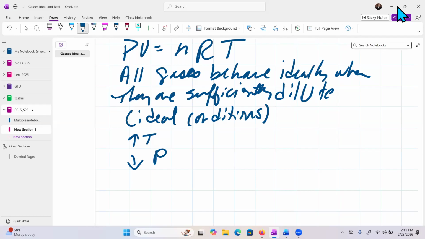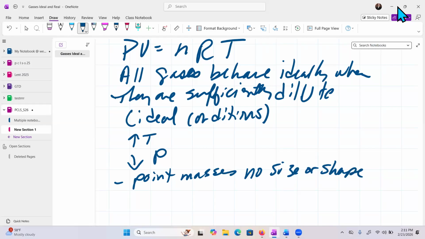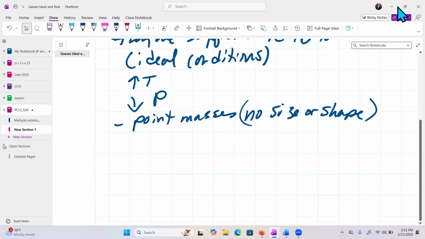We also have some other assumptions, that they are point masses, which means they have no size or shape, right? They're a point mass, which of course is obviously just a construct. And also the particles are non-interacting.